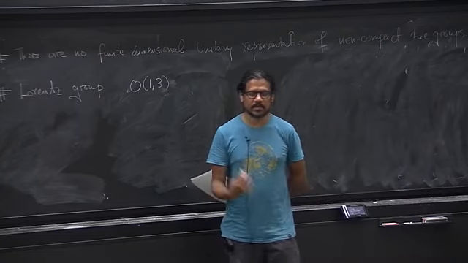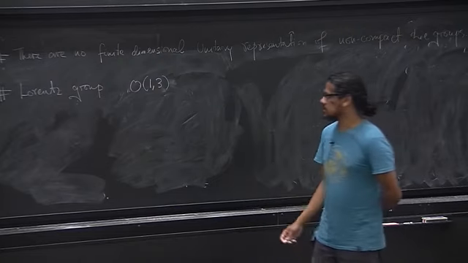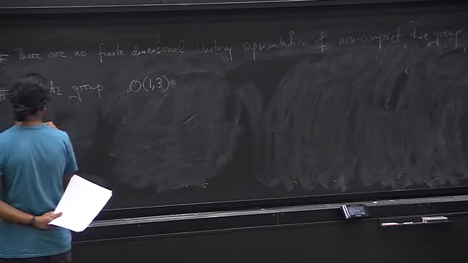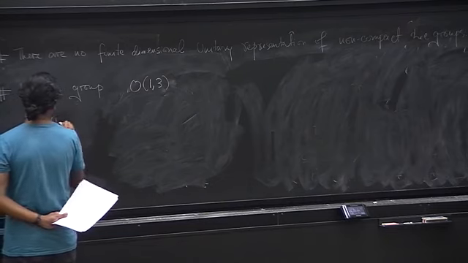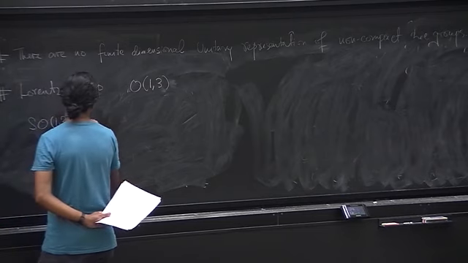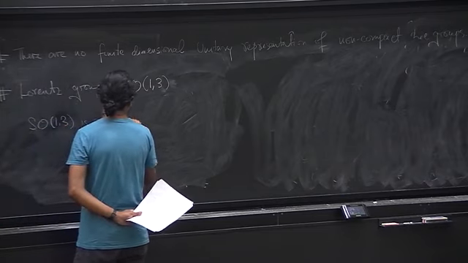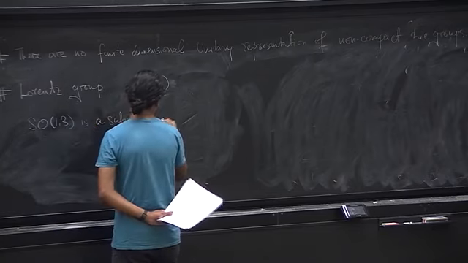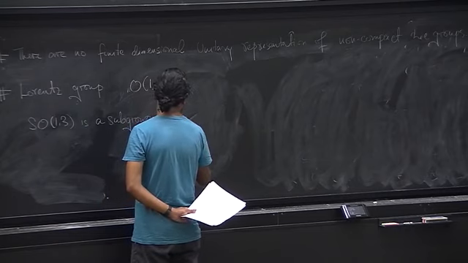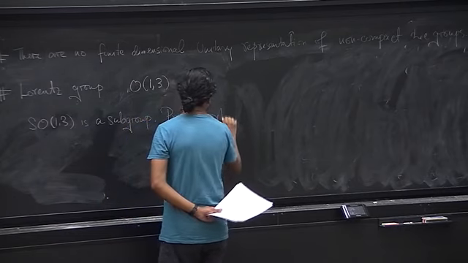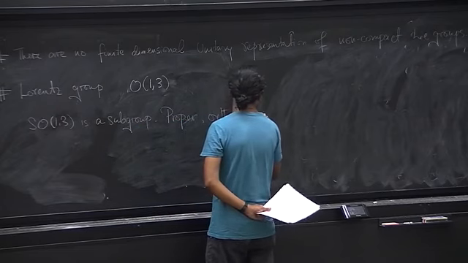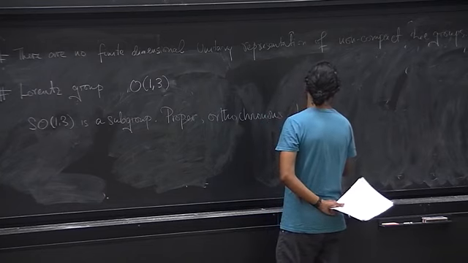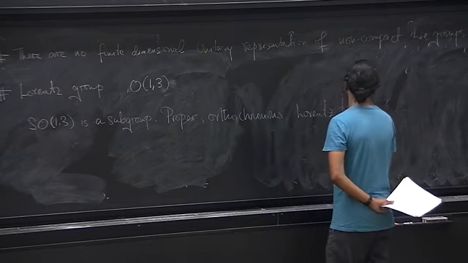The subgroup that is continuously connected to the identity, so that's SO(1,3), is a subgroup. And I think it's called the proper orthochronous Lorentz transformations.